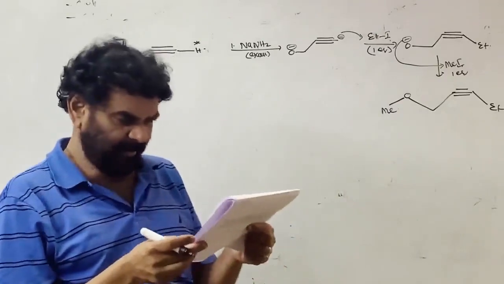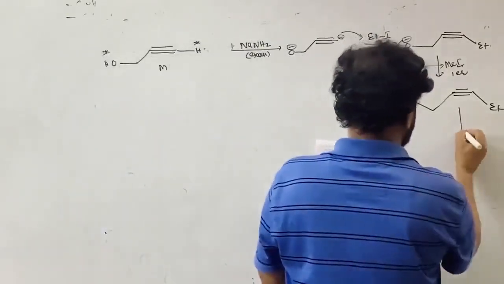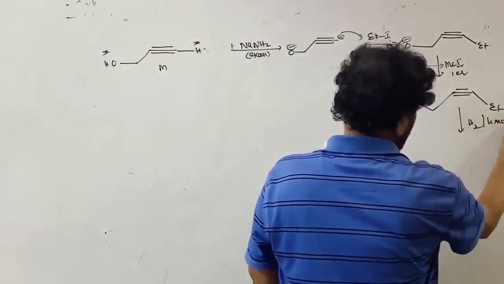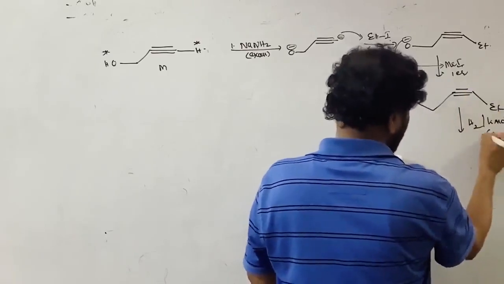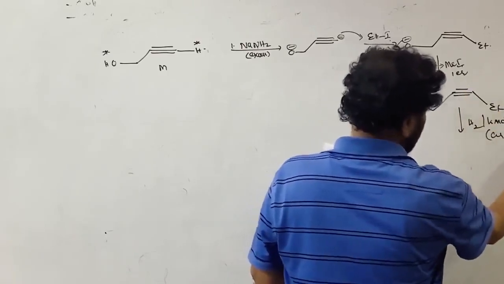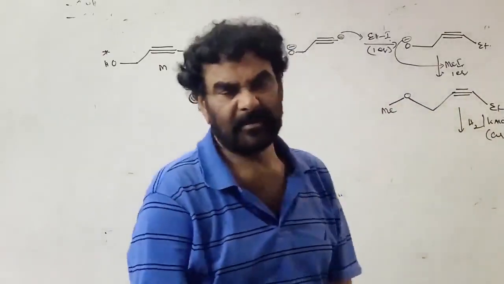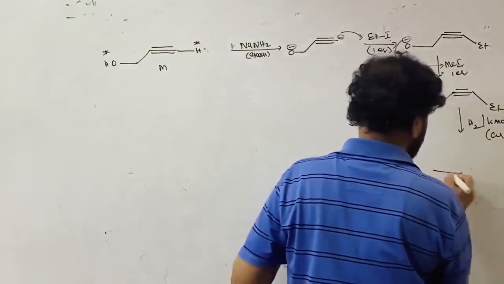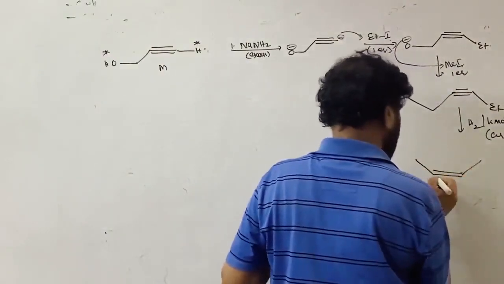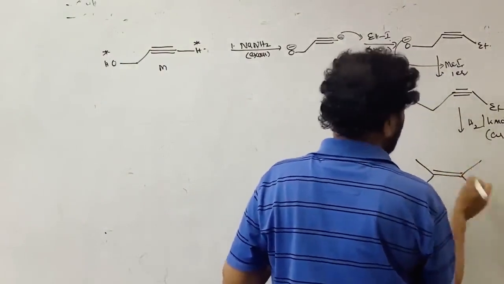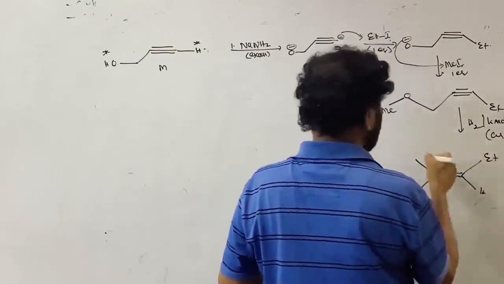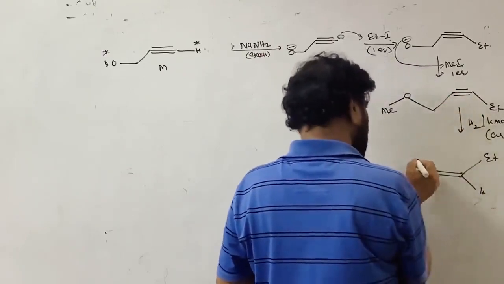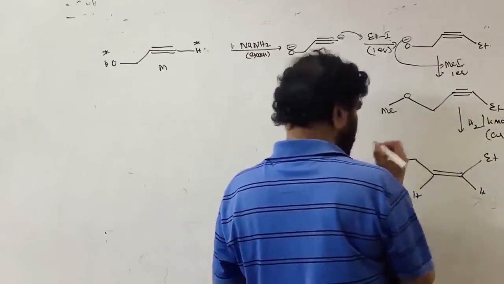Methoxy. Now it is treated with hydrogen and Lindlar's catalyst. Lindlar's catalyst gives cis hydrogenation, right? So now what happens? That gives a cis configuration, with ethyl on one side and the ethoxy and methoxy groups on the other.